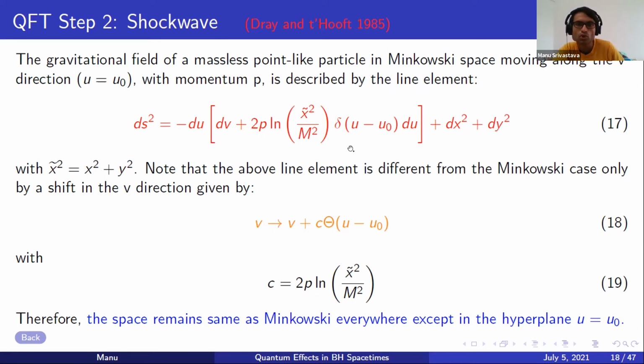Only at u equal to u naught, there is a very large contribution due to this delta function. This large contribution on the u equal to u naught hyperplane is what we call the shock wave. Everywhere else in the space-time, it is just Minkowski, and that contribution travels as we change u.